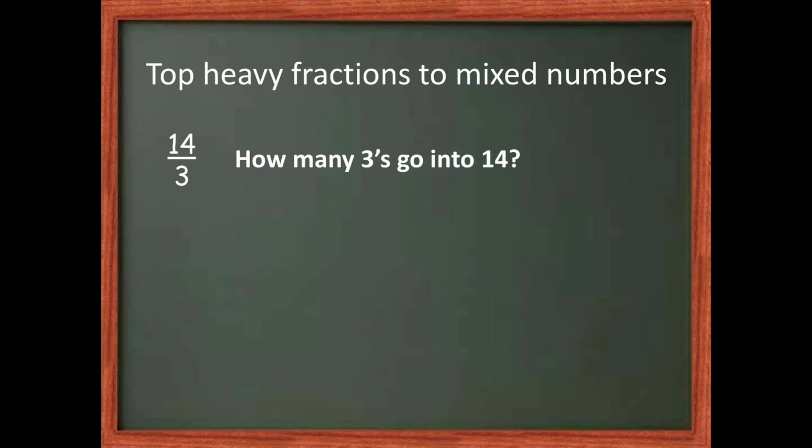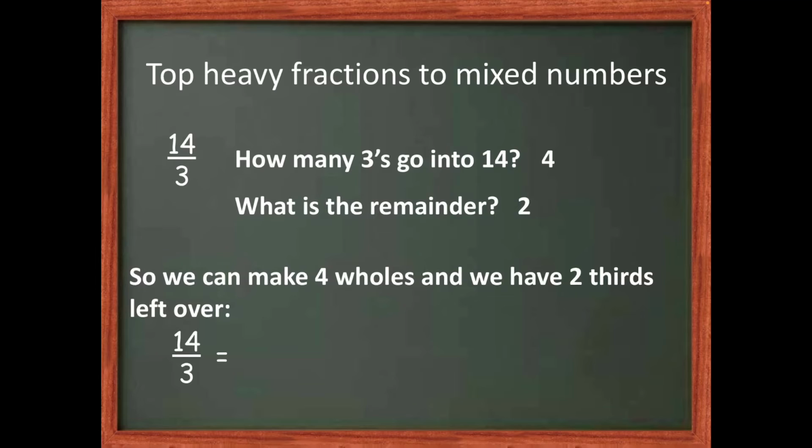So how many times does 3 go into 14? 3 goes into 14 4 times. And what's our remainder? We have a remainder of 2. That means that we have 4 wholes and we have 2/3 left over. Our mixed number is 4 2/3.